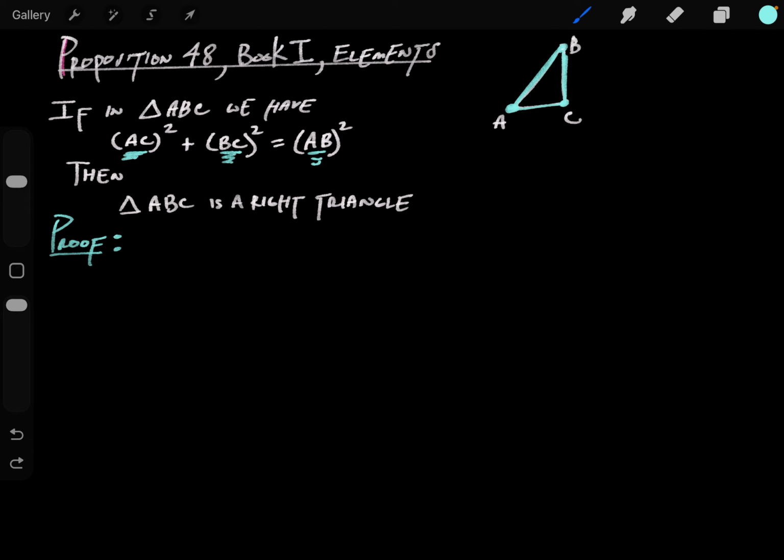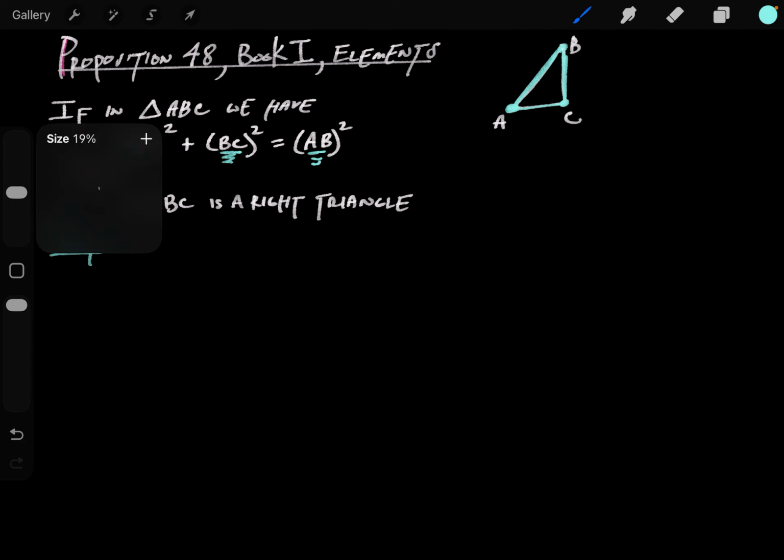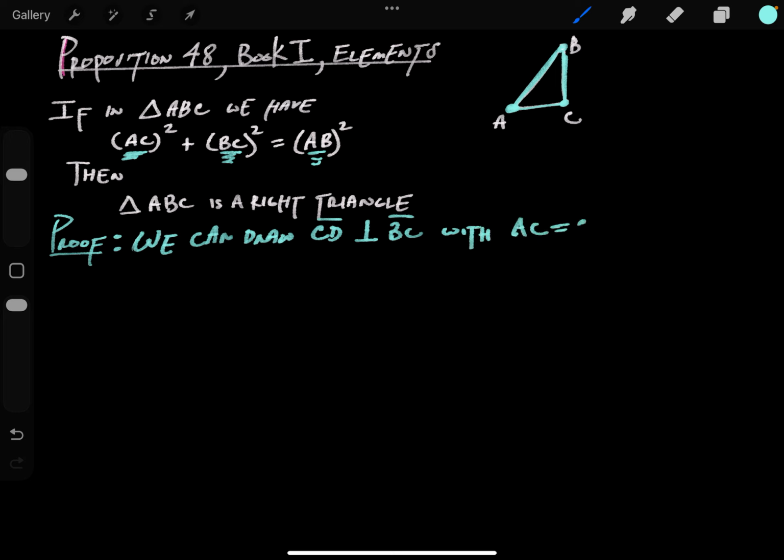Now, to prove this, we're going to say that we can draw CD perpendicular to BC, with it exactly being the case that AC equals CD.